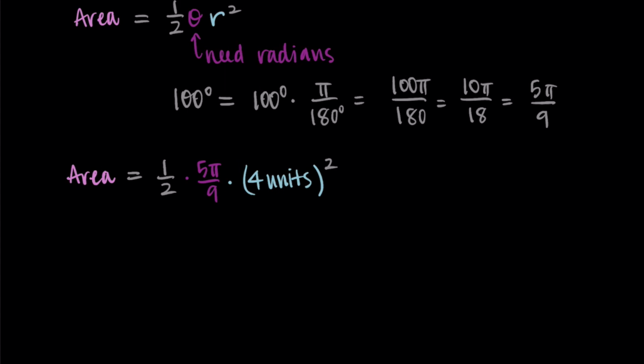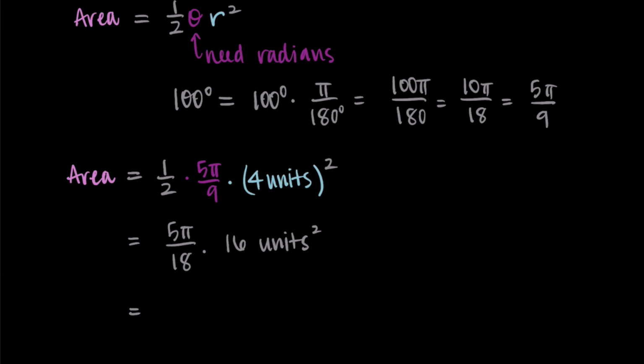So I'm going to multiply my first two fractions together. I'm getting 5 pi over 18. And then when I do 4 units and square it, I'm getting 16 units squared. I could tell you a specific unit, like inches or centimeters, but I'm just going to leave it as general units here. And so when it gets squared, we have units squared, which should make sense because it's an area.